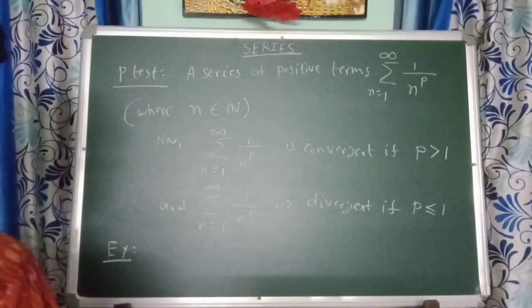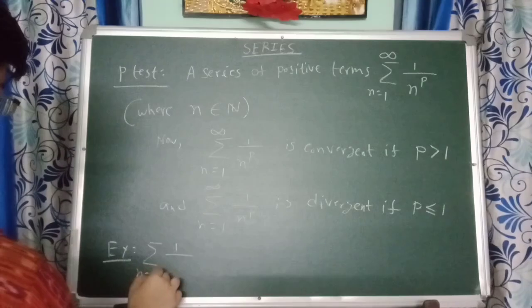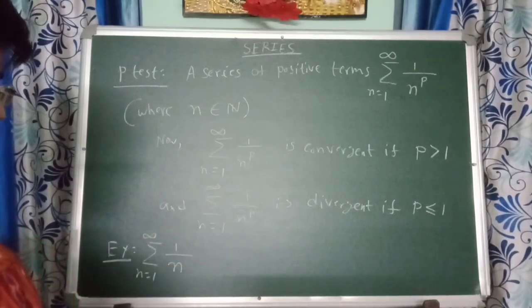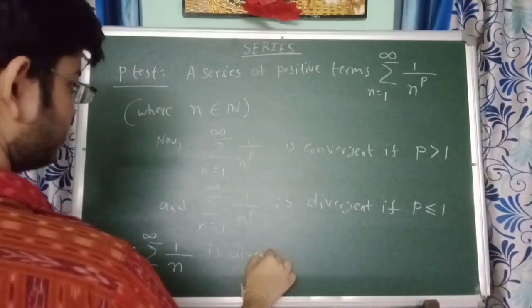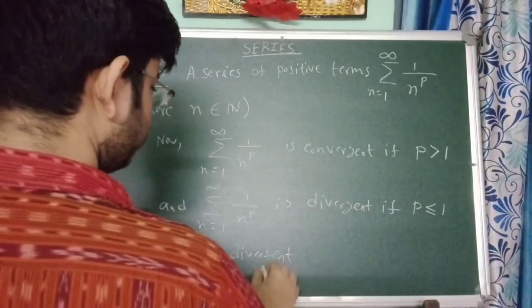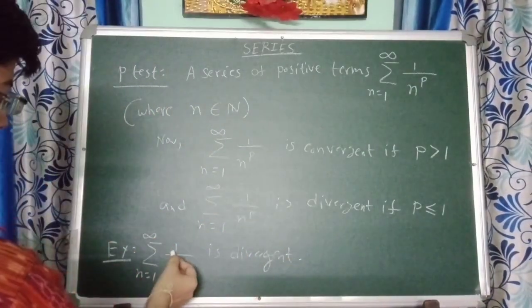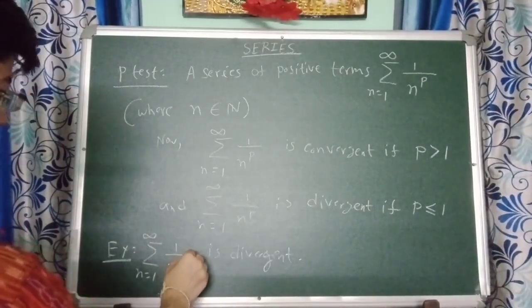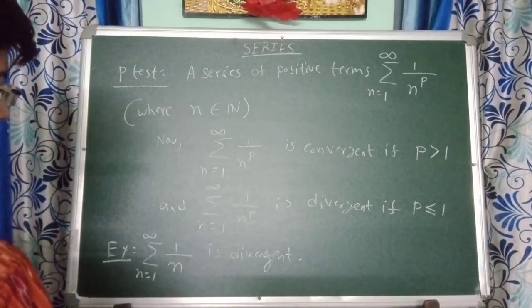Some examples: the summation n equals 1 to infinity of 1 by n is divergent, since here 1 by n to the power 1 is simply 1 by n.